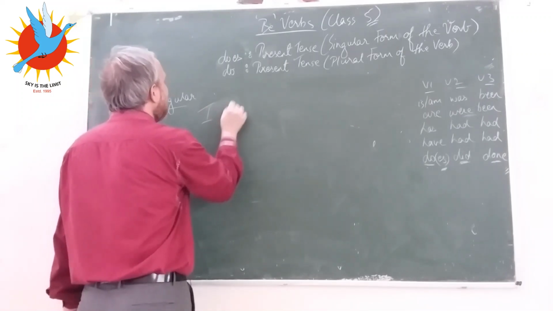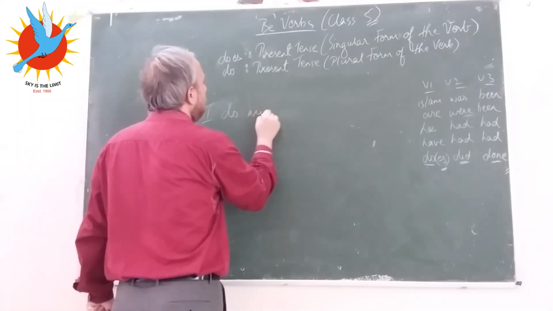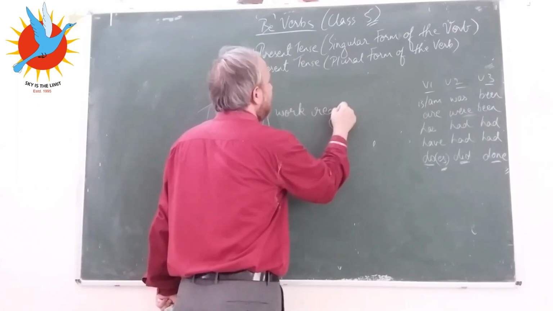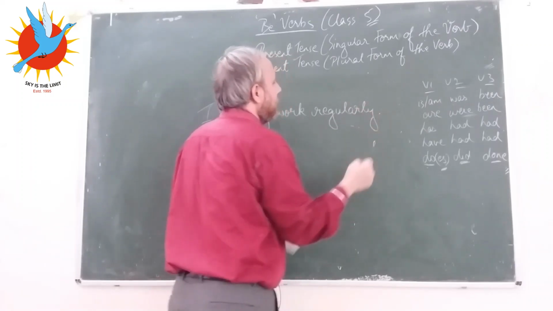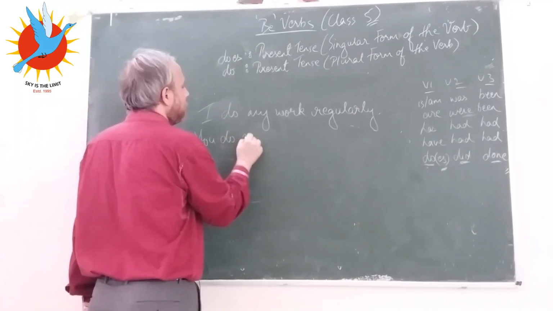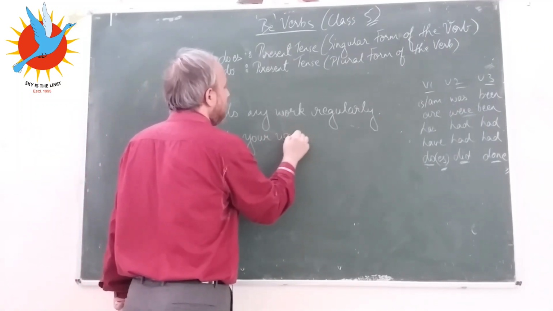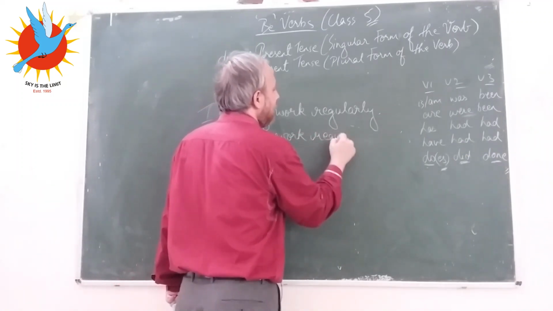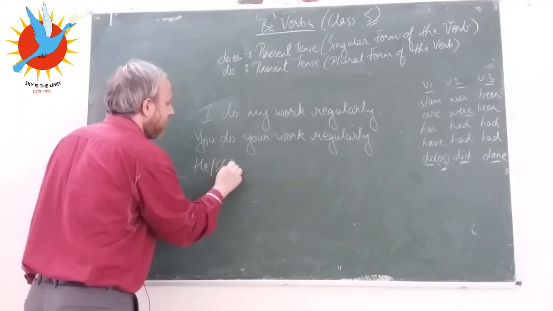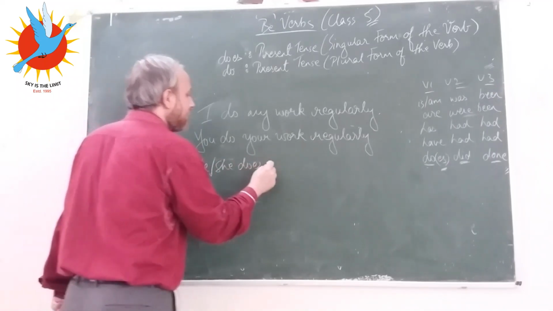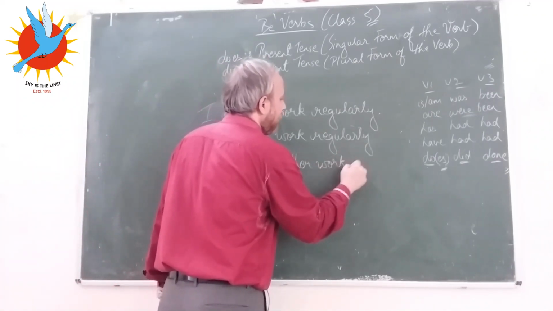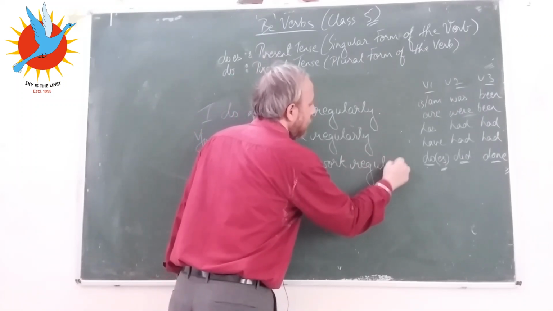So let's say I do my work regularly. So let's say you do your work regularly, but he or she, let's say, he or she does his or her work regularly.